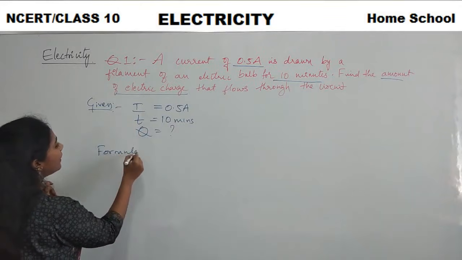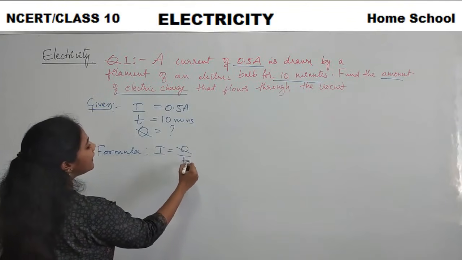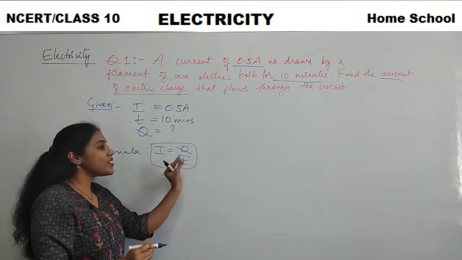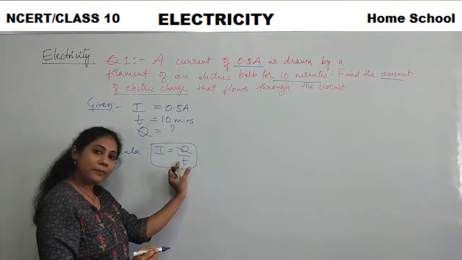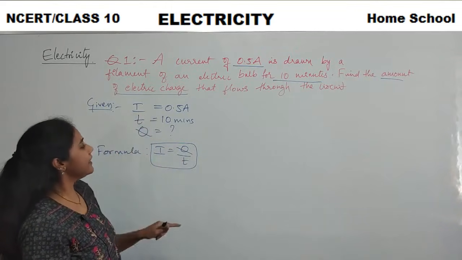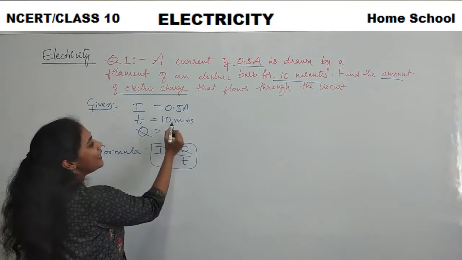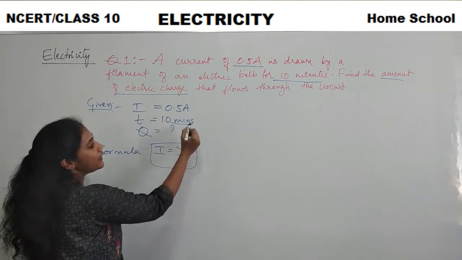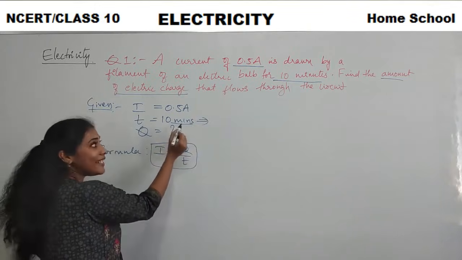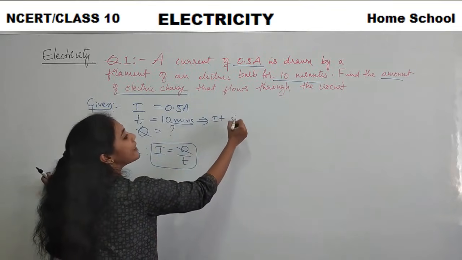I is equal to Q divided by T. Electric current is equal to the flow of charges in unit time, right? This is our formula. I is given, T is given. Concentrate on the units. Time is given in minutes, but what is the SI unit of time? It is seconds, right? So definitely, if time is given in minutes or hours, it should be converted to seconds.